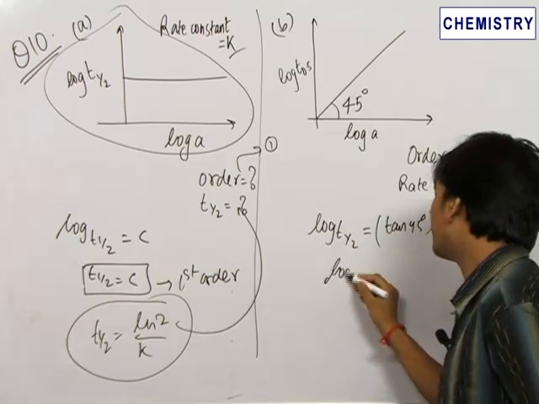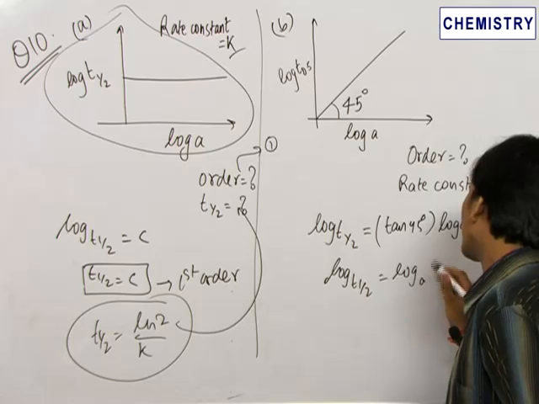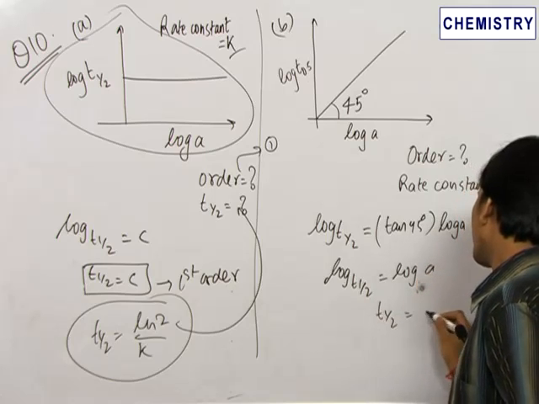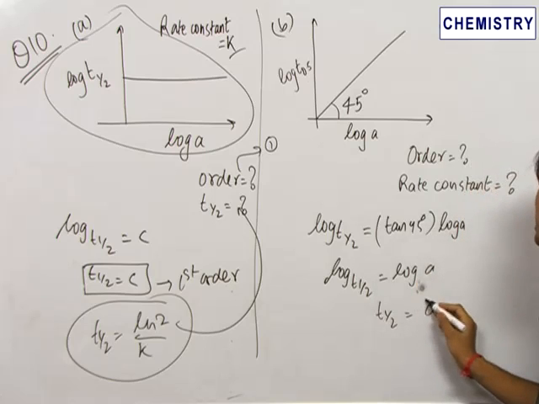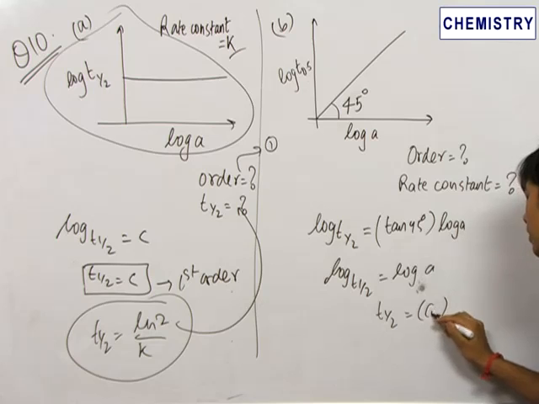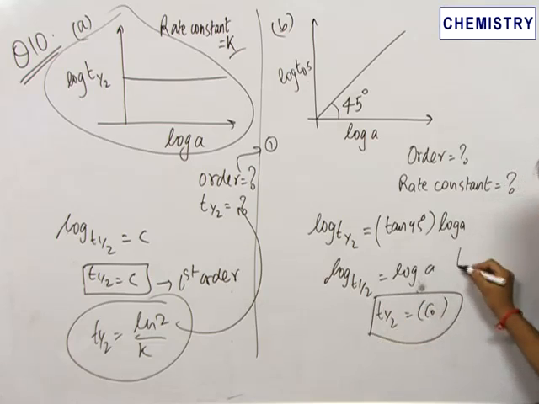Therefore, log of T half is equal to log of A. Therefore, T half is equal to A, where A was the initial concentration. Let me write this as C naught. Therefore, T half is dependent on the initial concentration as T half is equal to C naught to the power 1.